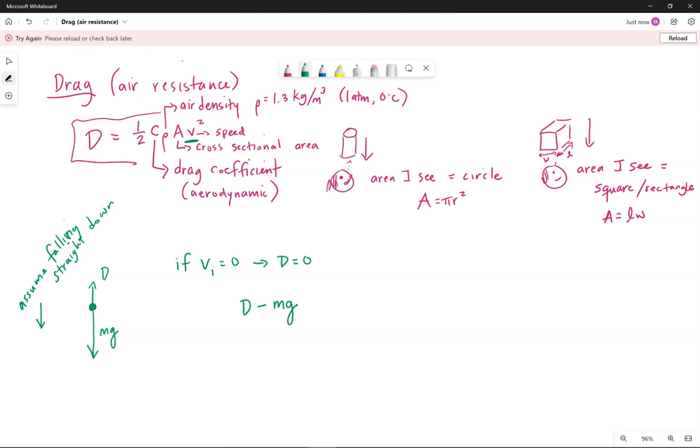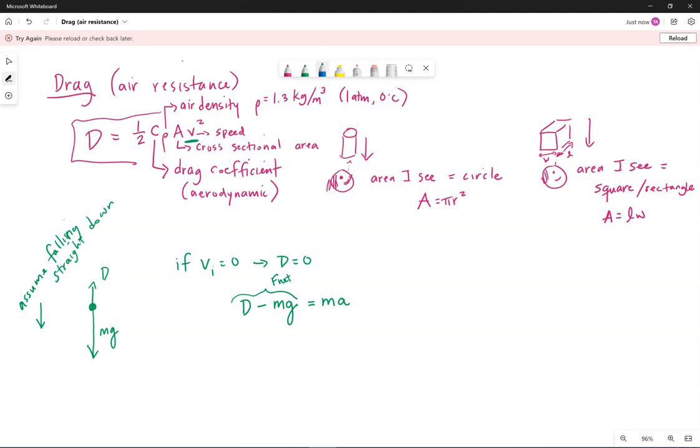The force of gravity, still downwards. We're still just assuming a constant g. So the drag force upwards minus the force of gravity downwards is equal to the mass of this object times its acceleration. The net force has to equal ma, Newton's second law.